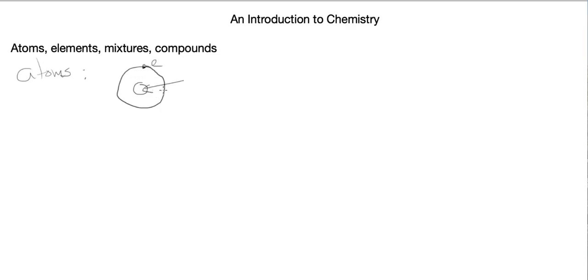Inside your nucleus, making up your nucleus, you've got protons and neutrons. Elements. Something is an element if it contains only one kind of atom.